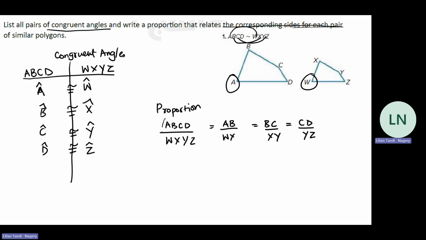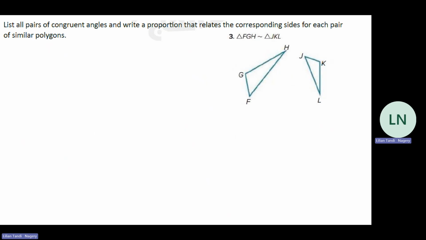So you see what I did? AB with WX, BC with XY, and then CD with YZ. And there is my proportion. Okay? All right.